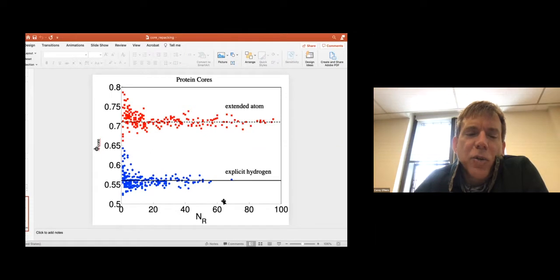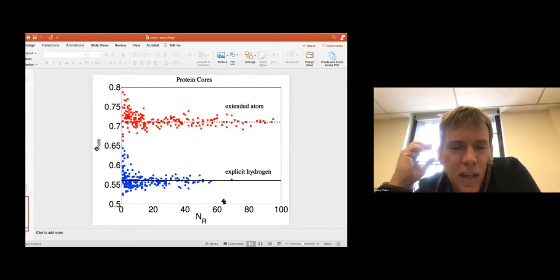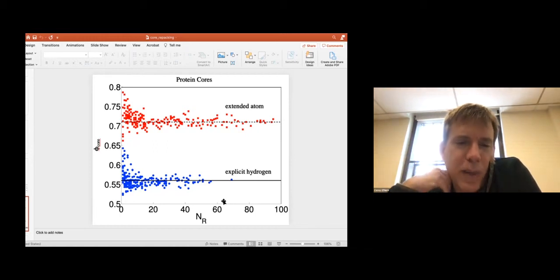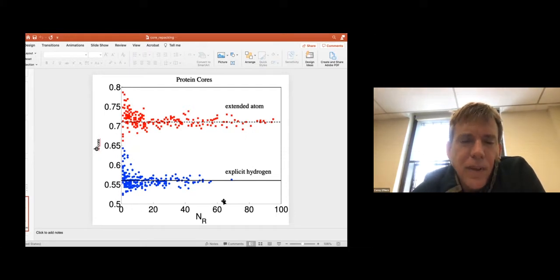Then you can go through the procedure that I outlined in the previous slides, and define the packing fraction of those core residues. Those results are in blue, and we index it by the number of residues in each protein just to space it out. You see that the packing fraction is around 55, 56% for the larger proteins.